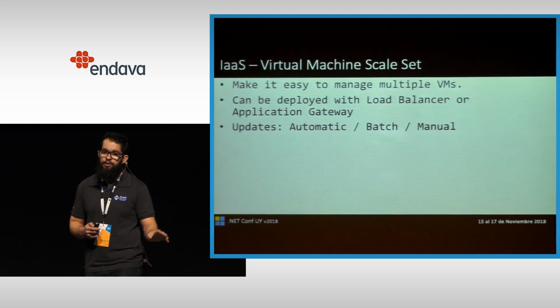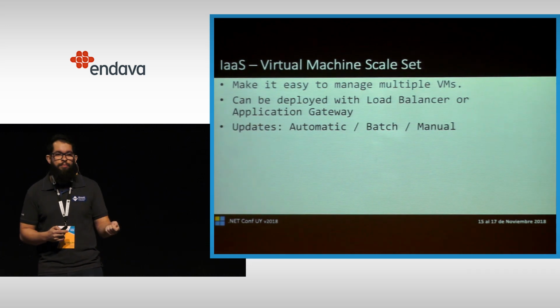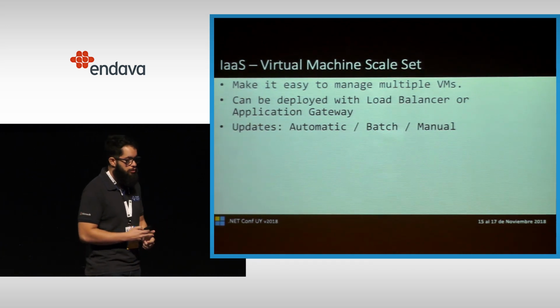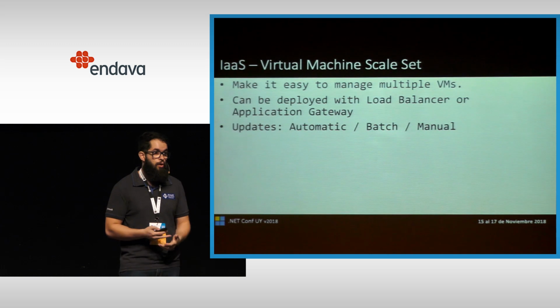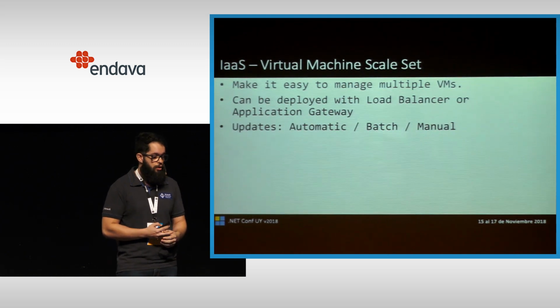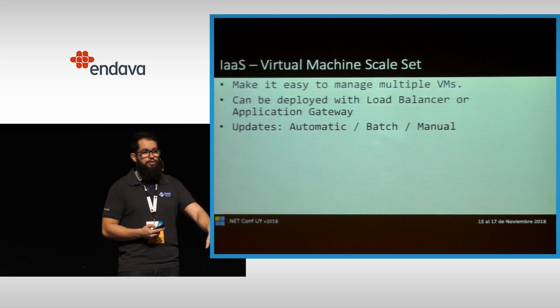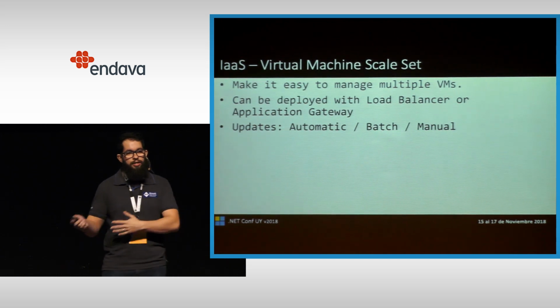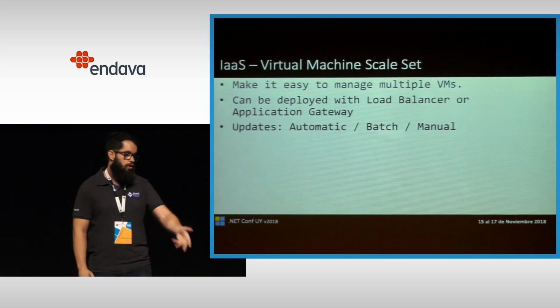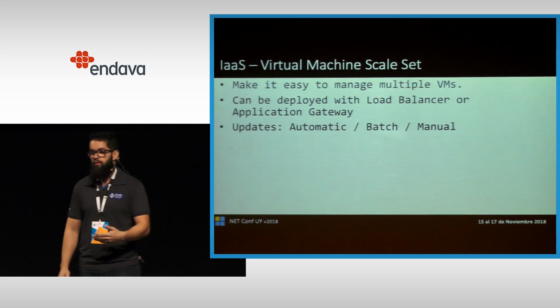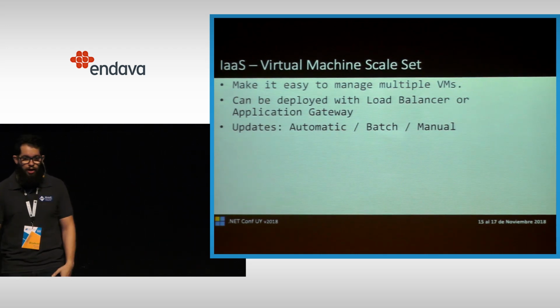Don't leave it on automatic, you can have trouble. Because if you do something bad with one of the machines, you can lose the whole scale set. It's kind of hard to restore. But you have batch, so you decide how many machines get updated at the same time. Or manual, where you decide each machine at its own time.